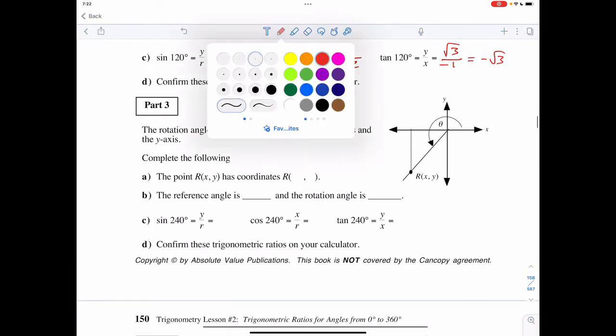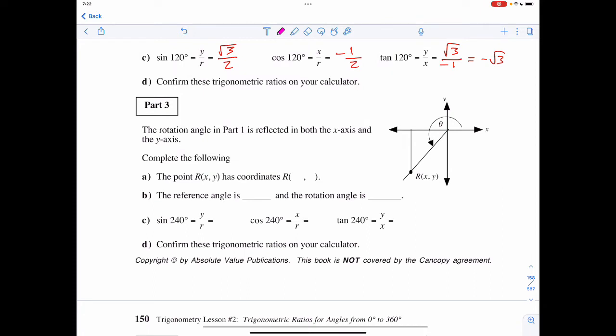It went ahead and reflected it again. And so now it's going to reflect downwards where x is negative and y is negative. The reference angle, because we're still just reflecting, hasn't changed. It's still 60 degrees.